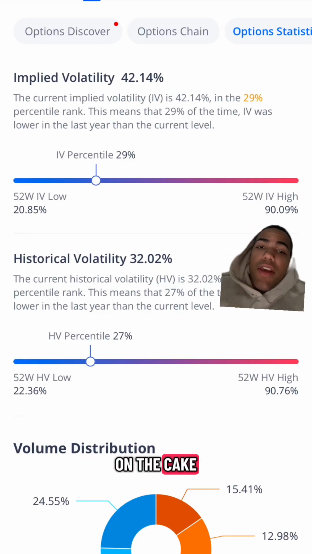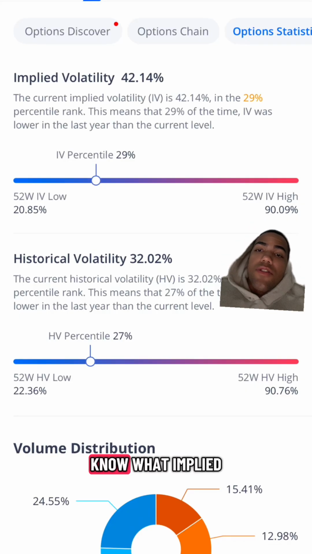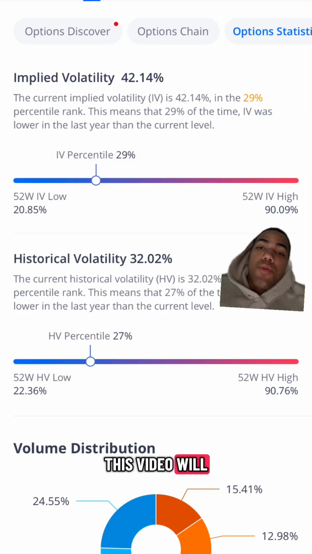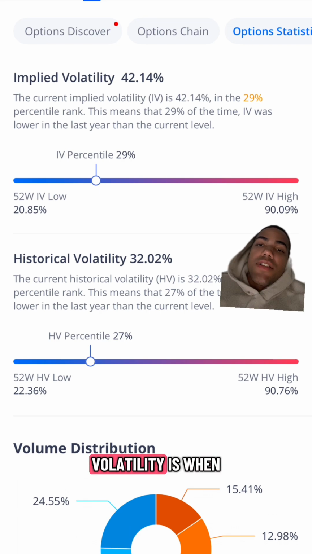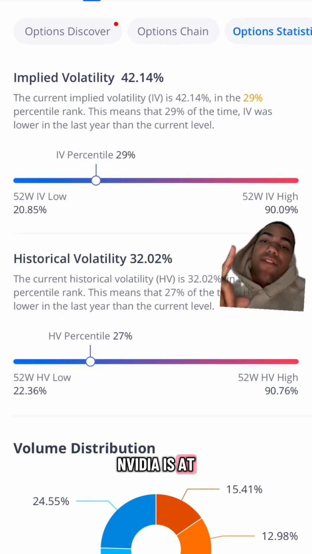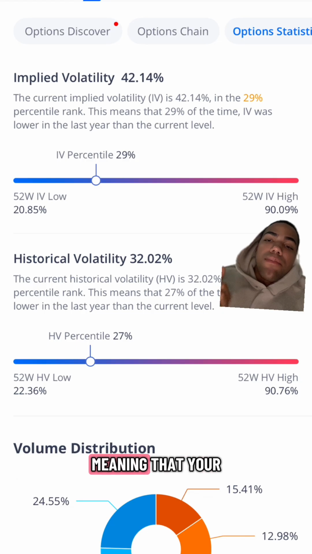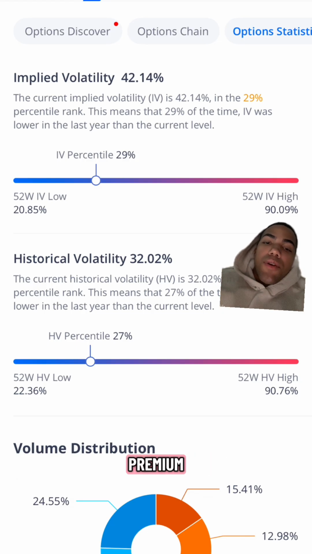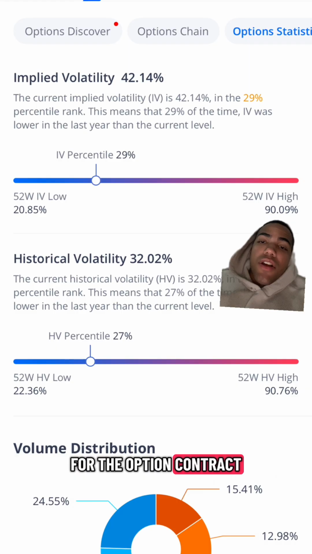Now for icing on the cake, all my options traders, you guys know what implied volatility is. This video would be too long for me to try to explain it, but basically the lower the implied volatility is when you get in a trade, the better. Right now, implied volatility for Nvidia is at 42%, and the historical volatility is at 32%. Your premium, what you pay for the option contract, is tied to implied volatility.